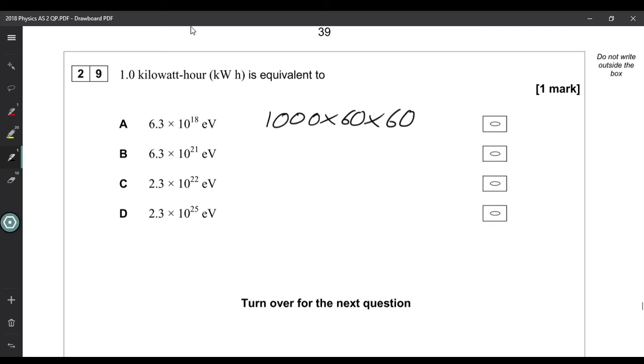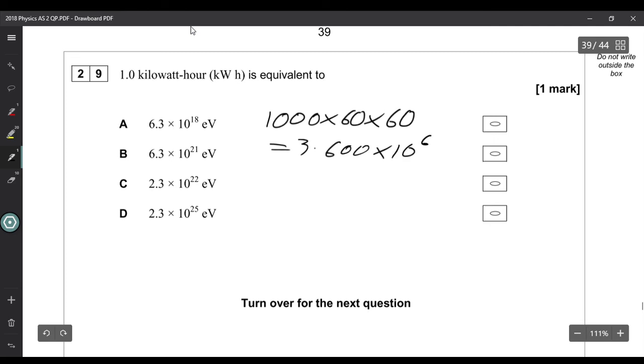At the moment we've got a kilowatt hour, so to get it in seconds we've got to times by 60 minutes and then 60 seconds, and that will give us 3.6 times 10 to the 6.